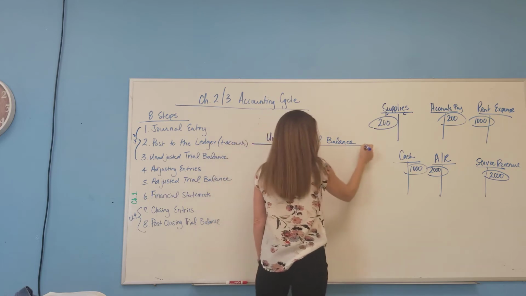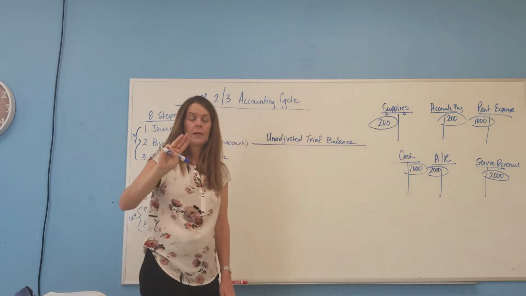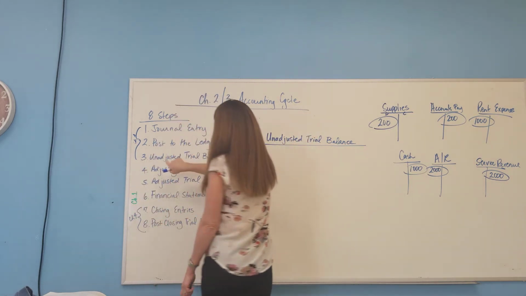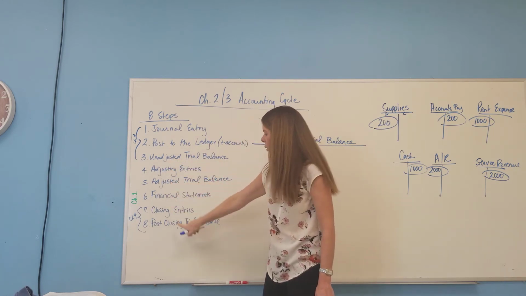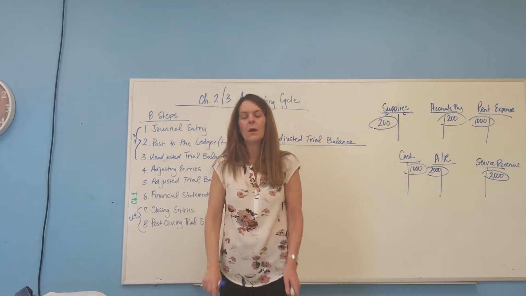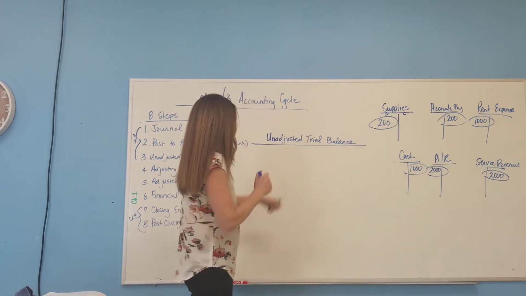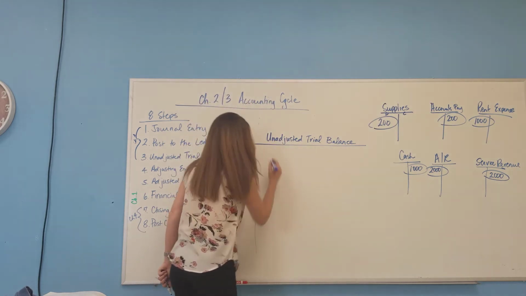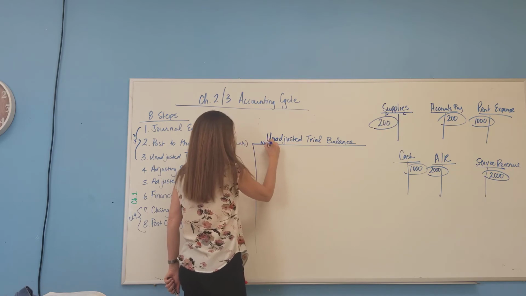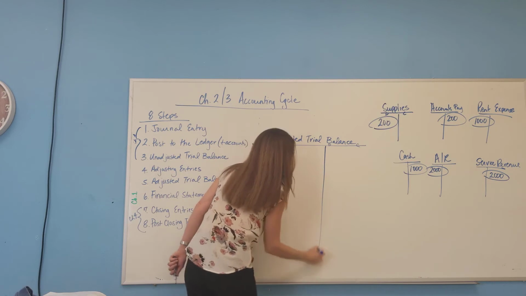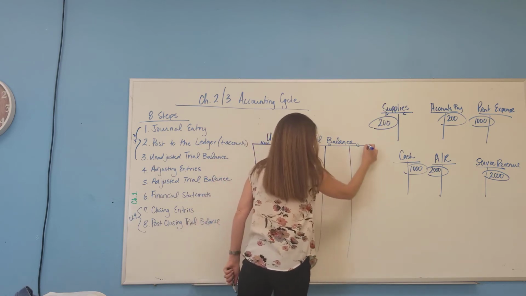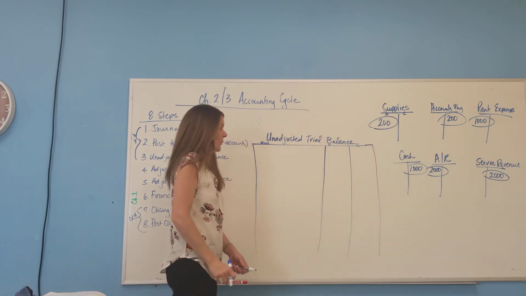Now, all trial balances have the same 3 columns. So whether it's the unadjusted trial balance in step 3, the adjusted trial balance in step 5, or the post-closing trial balance in step 8, all 3 of them have the same 3 columns. Basically, the account name, and then whether they have a debit balance or a credit balance. Okay? So that's what it looks like.